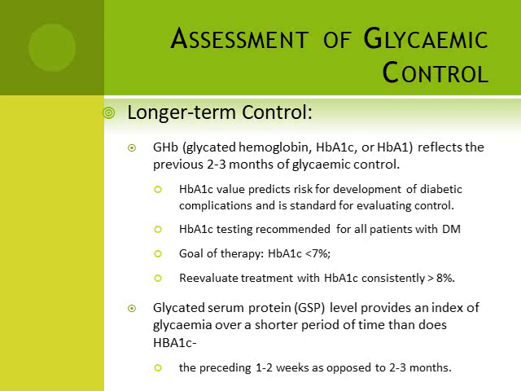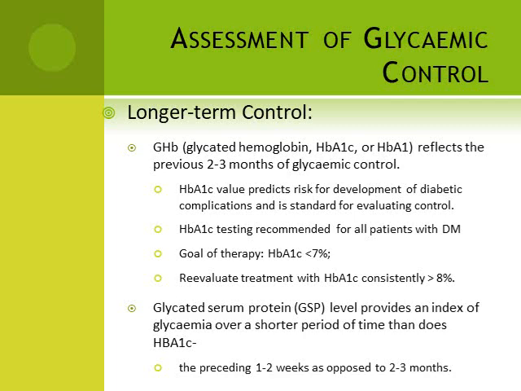The goal of therapy is HbA1c less than 7%, and re-evaluate treatment if HbA1c is consistently more than 8. The other test which can tell us about the previous control is glycated serum protein levels. They provide an index of glycemia over a shorter period of time than HbA1c, the preceding 1 to 2 weeks as opposed to 2 to 3 months in HbA1c.